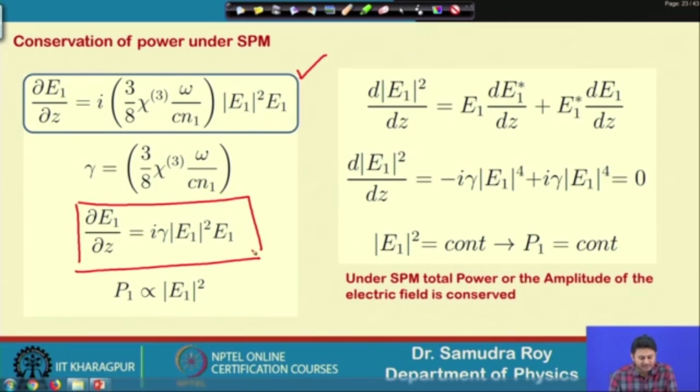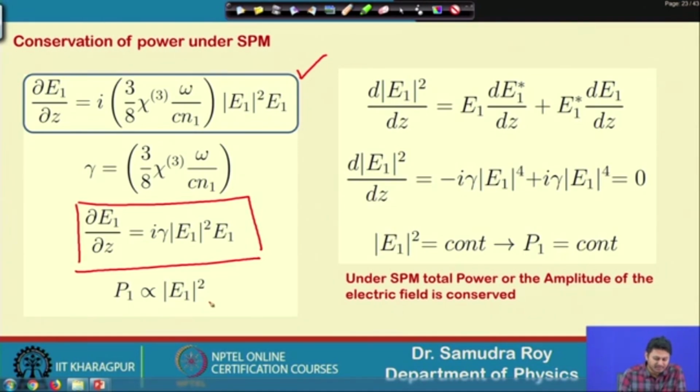Well, once we have the self phase modulation equation in our hand, the next thing is to show that the power will remain conserved. So, E1 is going to evolve over the distance, but is there any change in power? Here we can find that in this expression everything is related to E1, so there is no power exchange kind of term, but in order to ensure this, let us find out how the power will evolve.